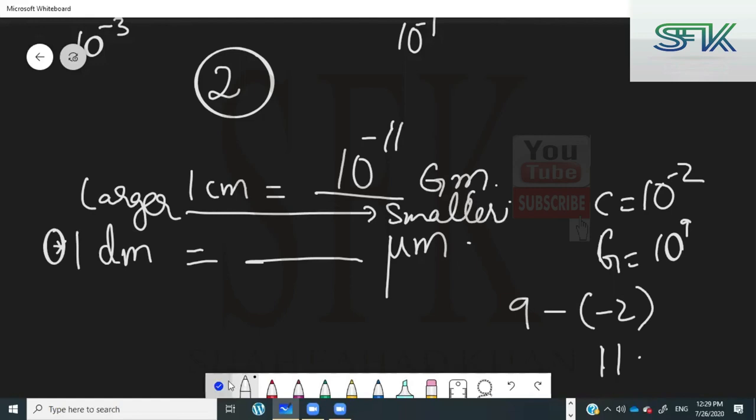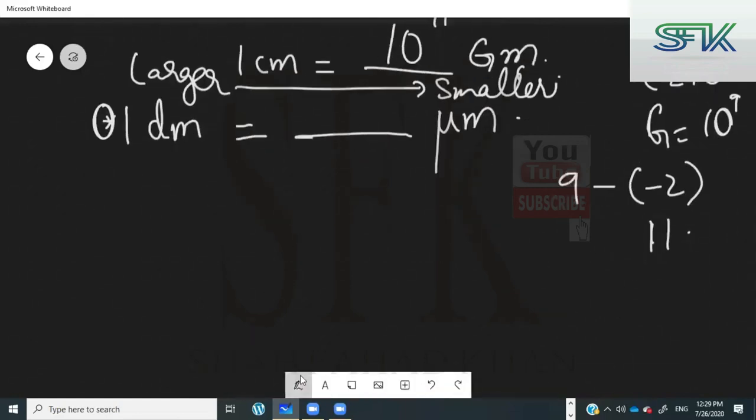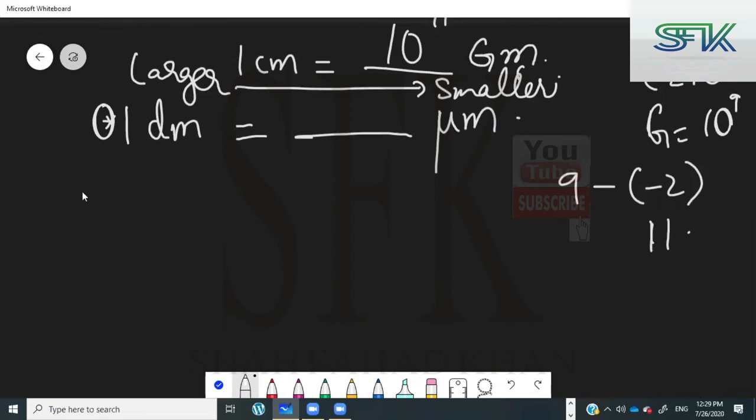First of all find the difference. Deci is minus 1, micro is minus 6. The difference is 5 units, right? So the answer is going to be 10 raised to the power of 5. But this time you're going from larger to smaller, correct? If you're going from larger to smaller, you don't need to change the sign to negative. The power will stay at its place.